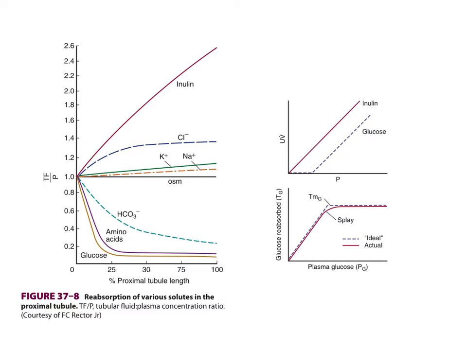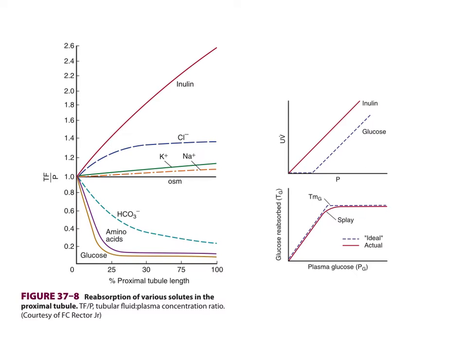This graph was taken from your physiology book. Here it shows absorption of solutes in the proximal convoluted tubule. You can see almost all the glucose and almost all the amino acids are absorbed from the proximal tubule.